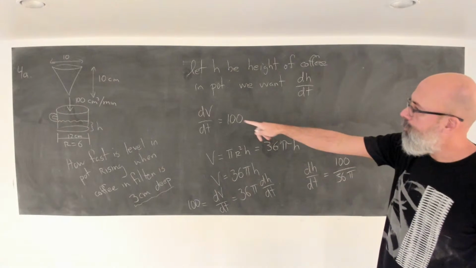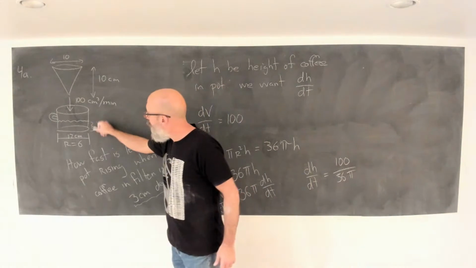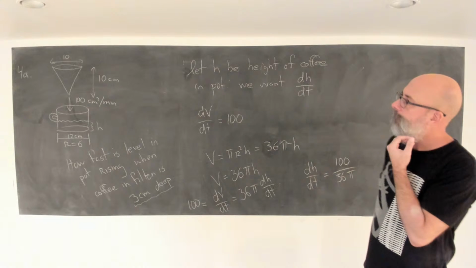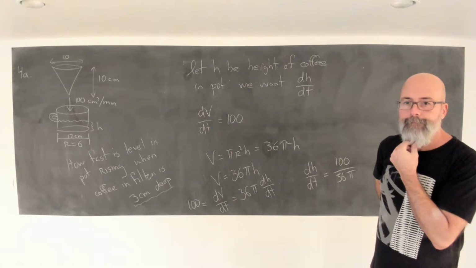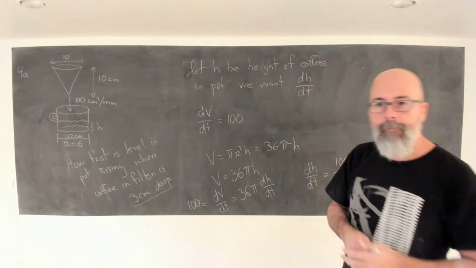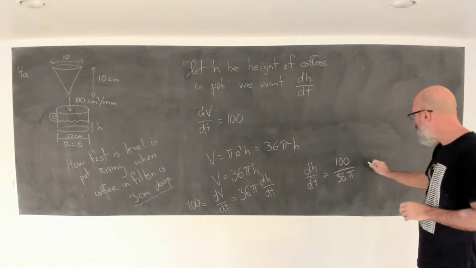No, this volume here is the volume, right? Because H is the level of coffee in the pot, not in the cone. There it is. This is centimeters per minute.